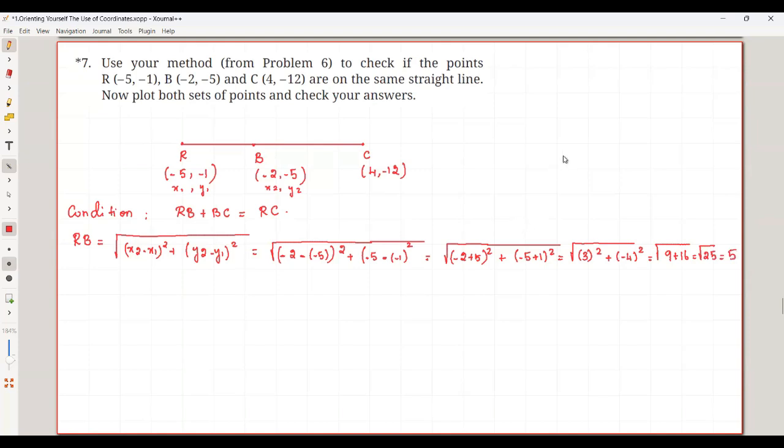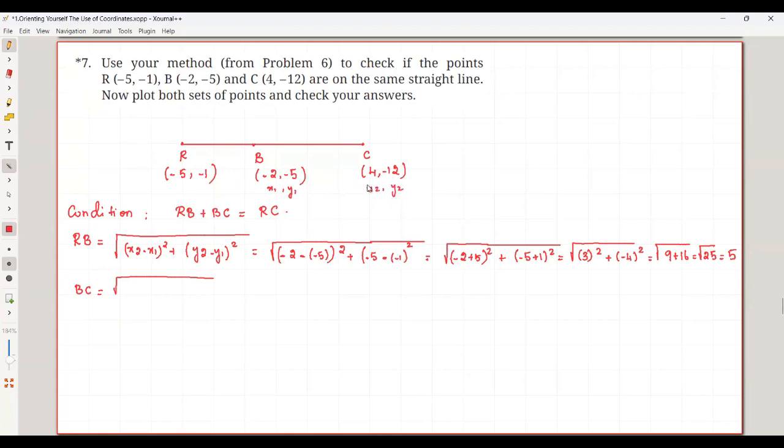So next, the same way, you have to find out BC. While taking BC, we have to change the coordinates to B and C. Write x1, y1, x2, y2 and apply in the formula.